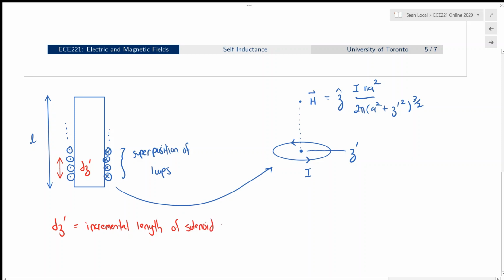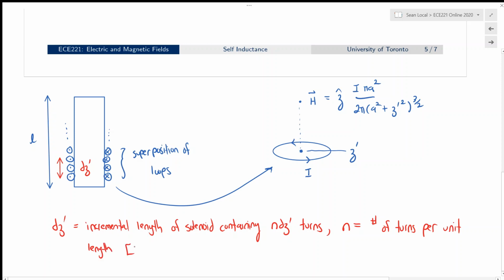And it's containing a product of n dz prime turns, where n is the number of turns per unit length.